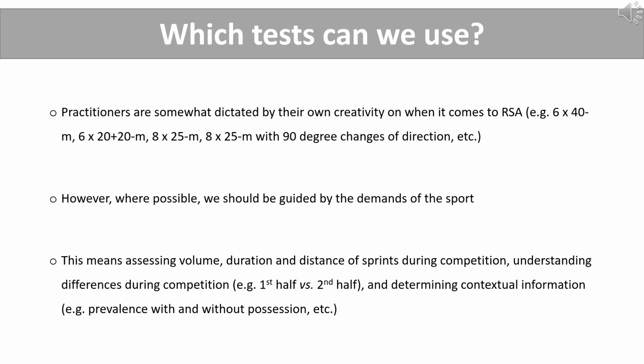We would of course get that information via GPS, and having a really in-depth understanding of things like volume, duration, distance of sprints, understanding how this differs during competitions, such as looking at differences in movement characteristics between first half and second half, and also understanding some contextual information as well, such as looking at how volume, duration, and distance changes with and without the possession of the ball.